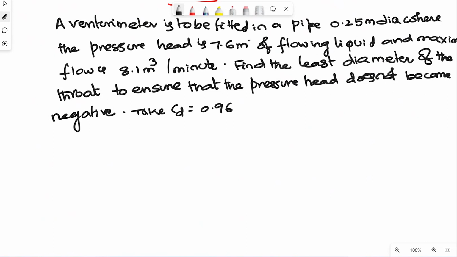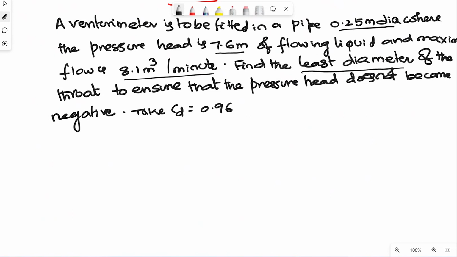Given is a venturimeter fitted in a pipe of 0.25 meter diameter. Pipe diameter is given. Then next, pressure head at the inlet is given as 7.6 meters of flowing liquid. And then discharge is 8.1 meter cube per minute. Now the question is, what is the diameter of the throat to ensure that the pressure at the throat does not become negative.